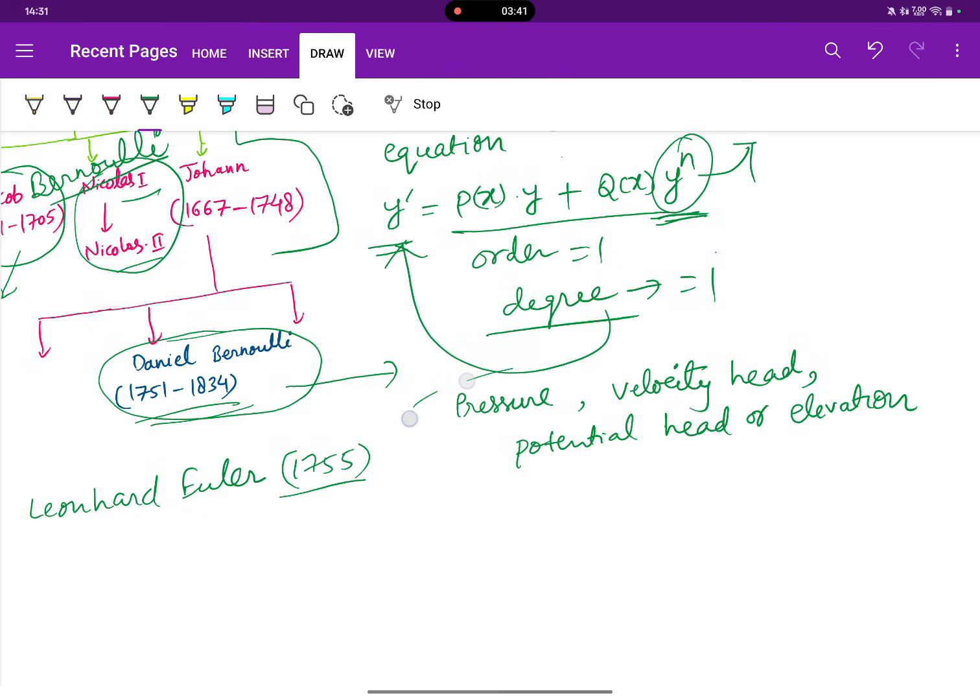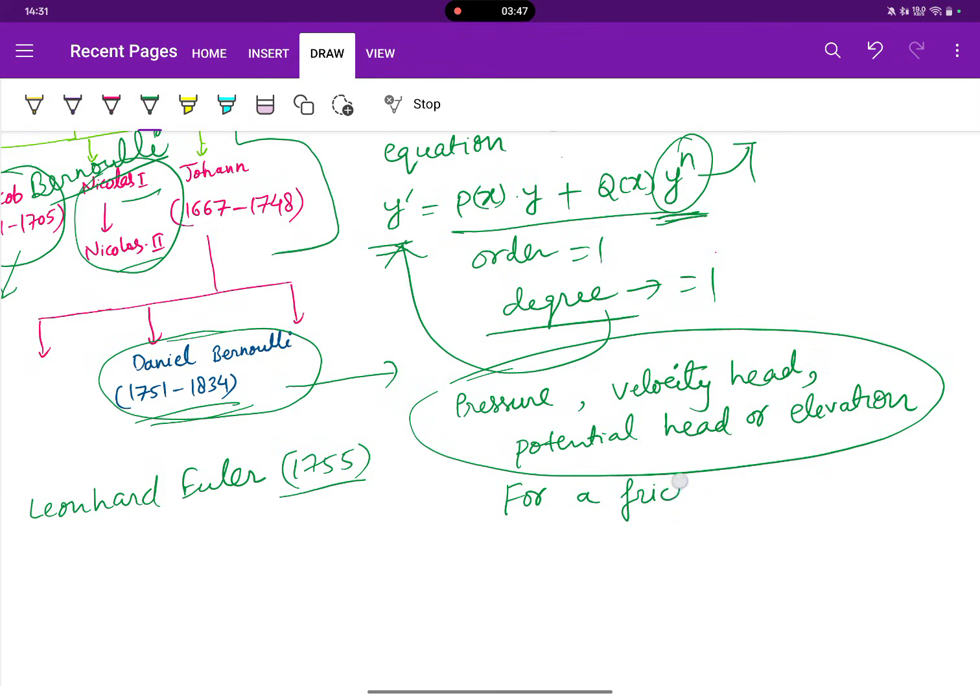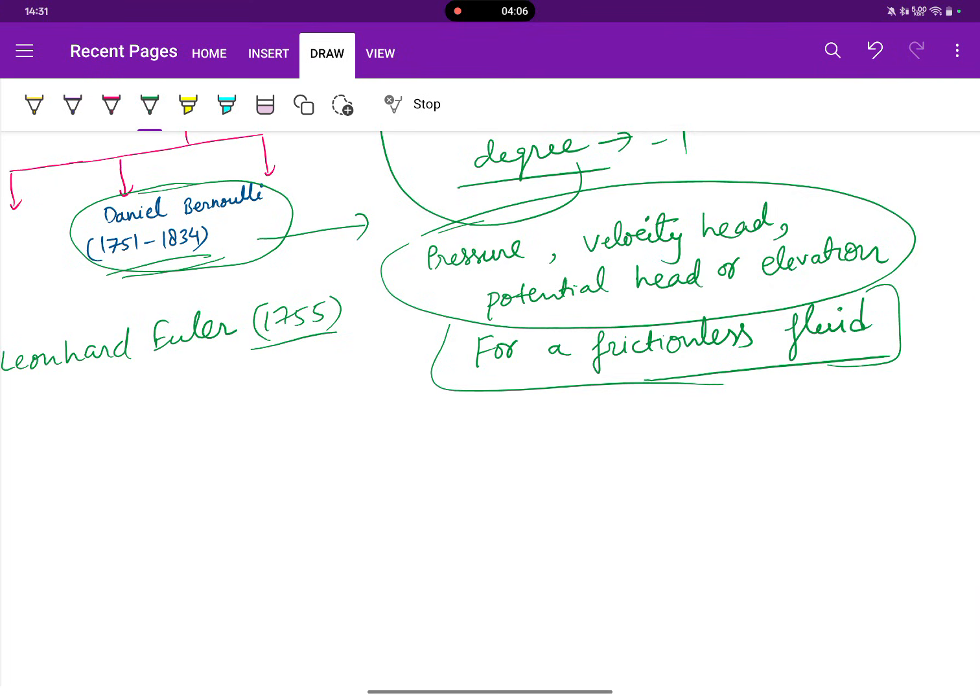He talks about a relation between them for, this is very important, a frictionless fluid. As you can imagine, almost no fluid is frictionless, right?